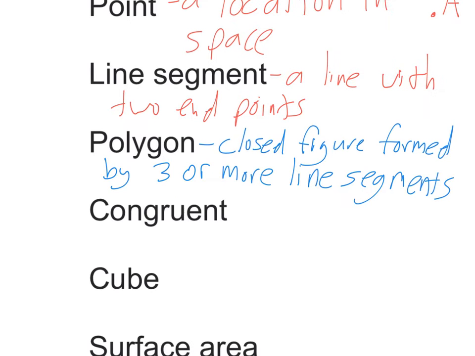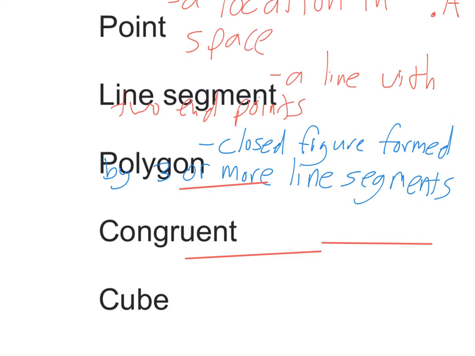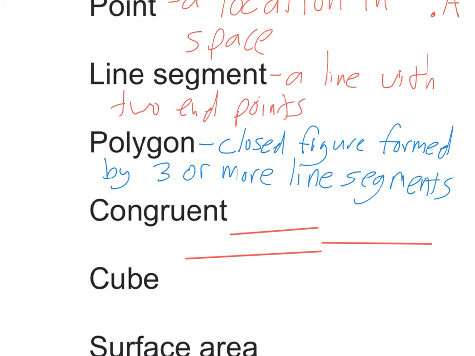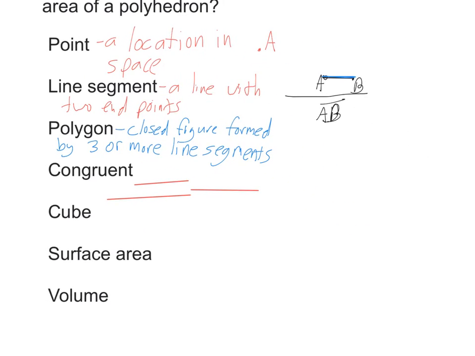Next, we have a polygon, which is a closed figure formed by three or more line segments. You would take three or more line segments and put them together to create a polygon. I can show you that by taking some line segments: 1, 2, 3. Now, if you manipulate them around, you can create a polygon.